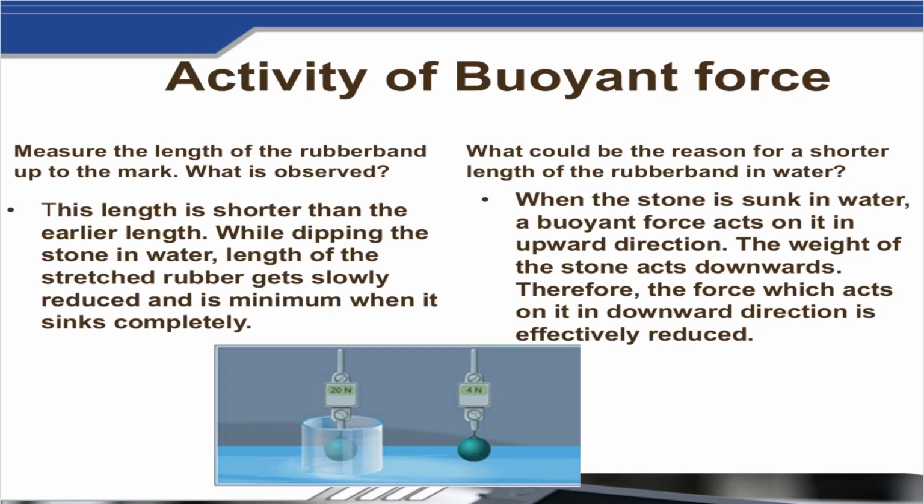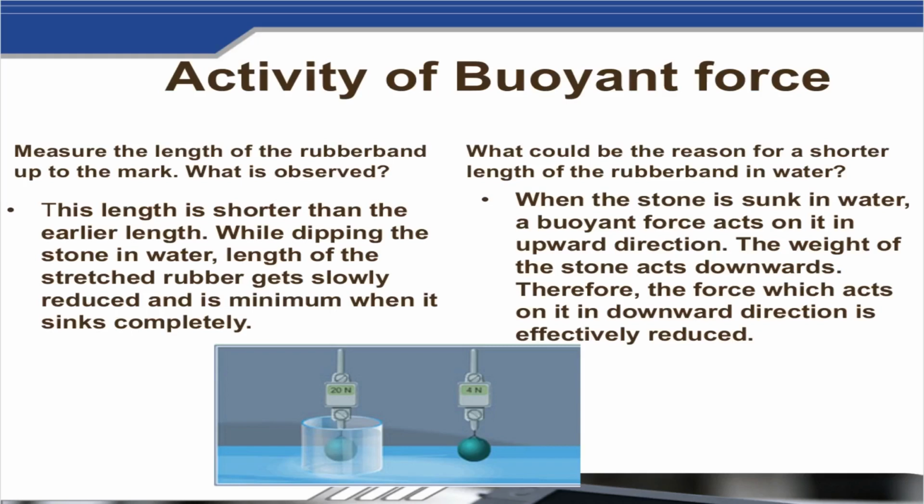Now what is observed? What will you observe? You see this length is shorter than the earlier length. Why does this happen? While dipping the stone in the water, the length of the stretched rubber band slowly reduces and is minimum when it sinks completely. What could be the reason for the shorter length of the rubber band in the water?